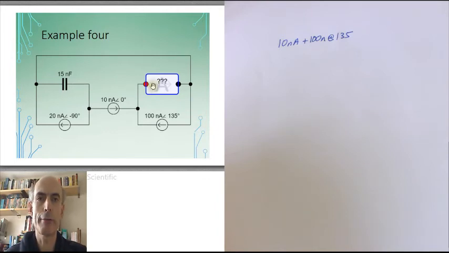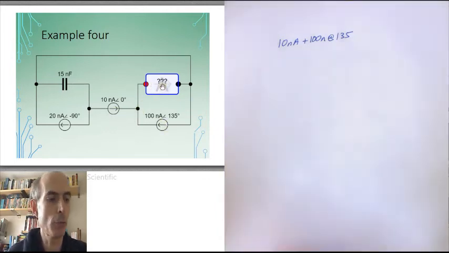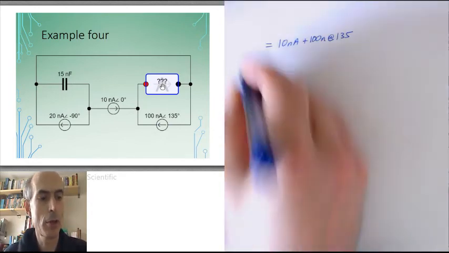Well, the total current flowing out must be equal to the total current flowing in, so the current through the voltmeter must just be the sum of these two.